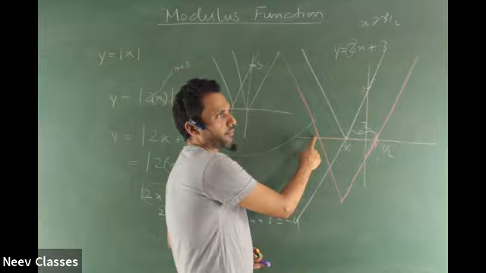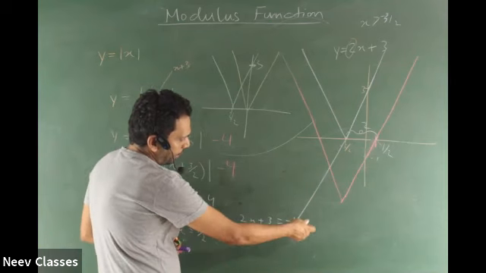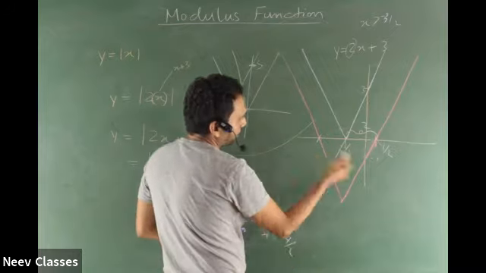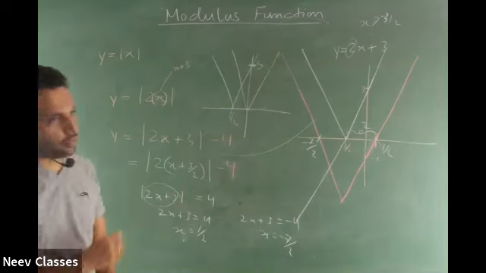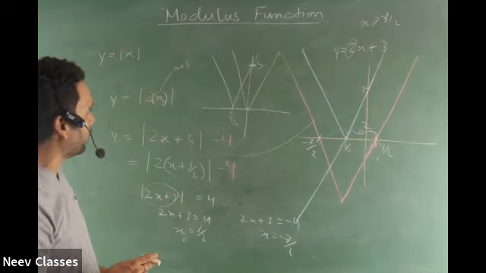Minus 3.5, right? Let us see what this gives us. Minus 4, 3 goes on that side, so 2x is minus 7, x is equal to minus 7 by 2, which is minus 3.5. Your logic and your math, everything should be satisfied at the same time. Then only you are doing it the right way and proceeding the right way. Got the point? Yes, sir.